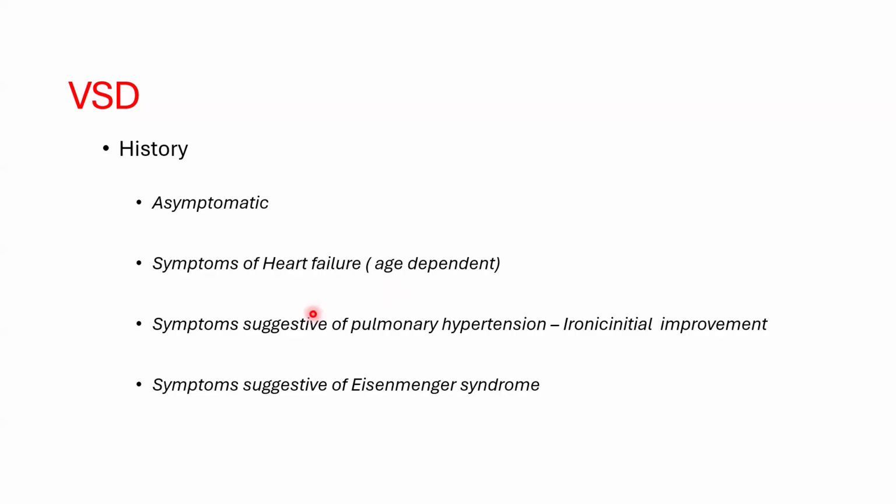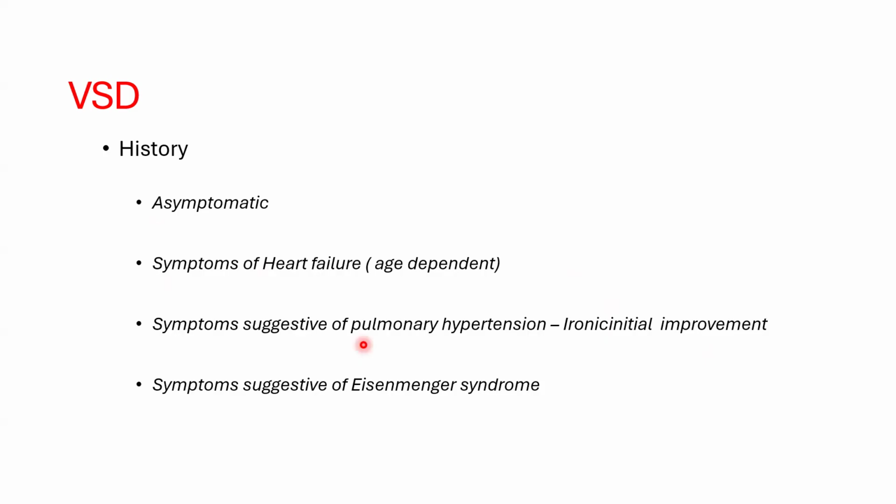If it goes uncorrected, then you have symptoms that suggest pulmonary hypertension. There's an ironic initial improvement. Usually in our children, they start out with heart failure from the VSD. As they get pulmonary hypertension, the heart failure symptoms disappear, and so they become very fine.